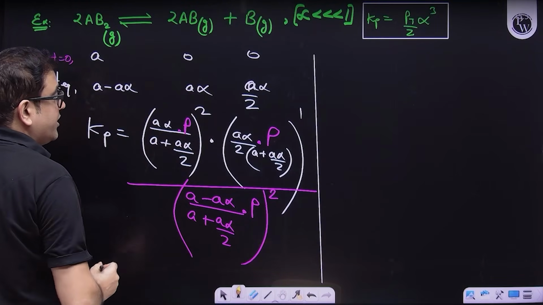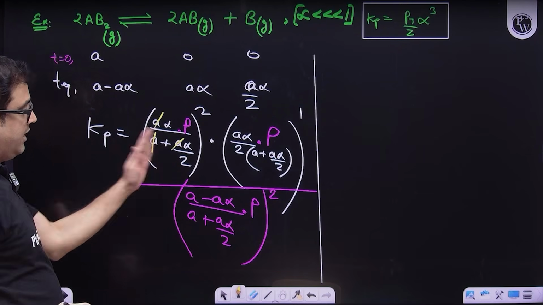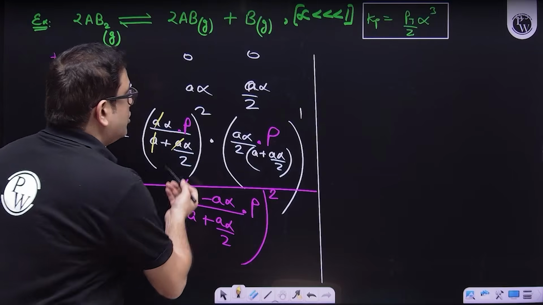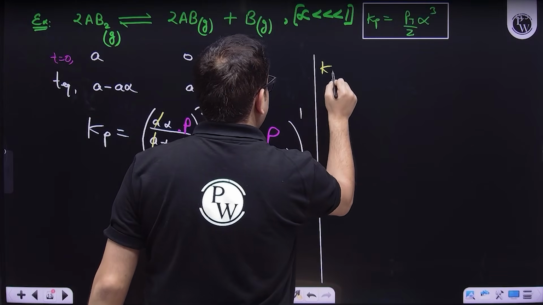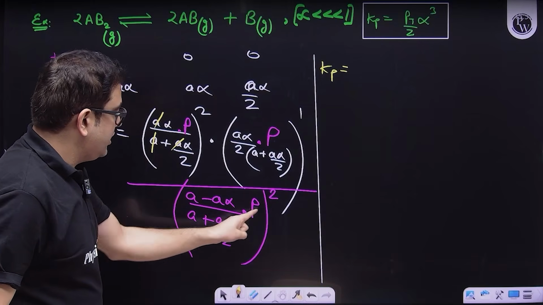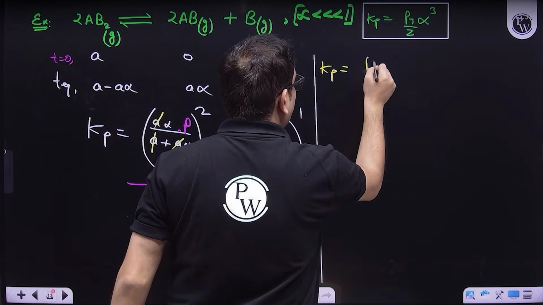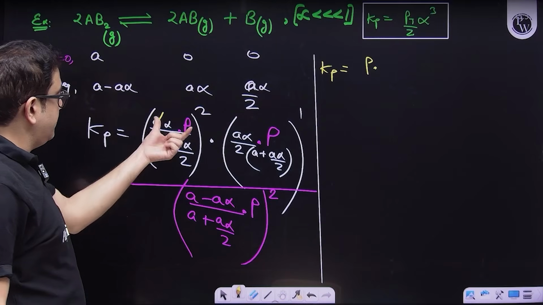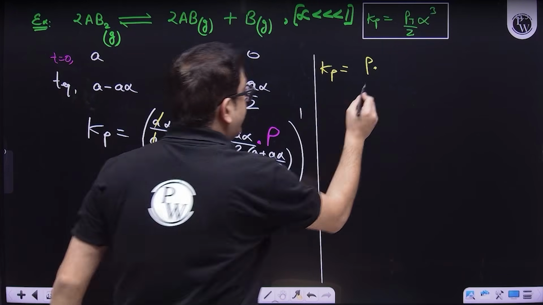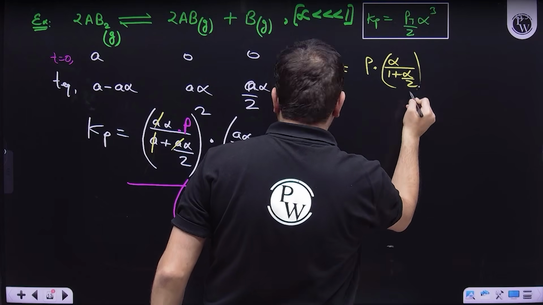So what is getting cancelled, sir? A is getting cancelled. So this will be 1, because A will come out to be common. So rewriting this, Kp, what do you see? Sir, P square, and in the denominator P cube. So P square, only in the numerator you will get 1 P remaining. What about them? Alpha upon 1 plus alpha by 2, alpha upon 1 plus alpha by 2, square of it.